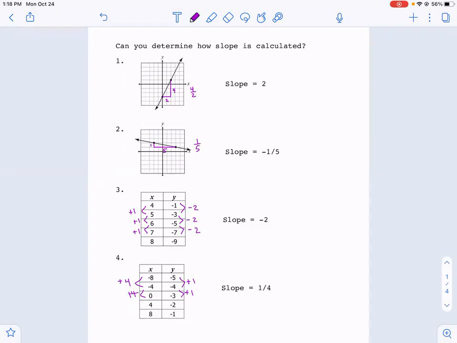Vertical is y, right? Vertical is up and down. So here we have vertical over horizontal. Vertical over horizontal.